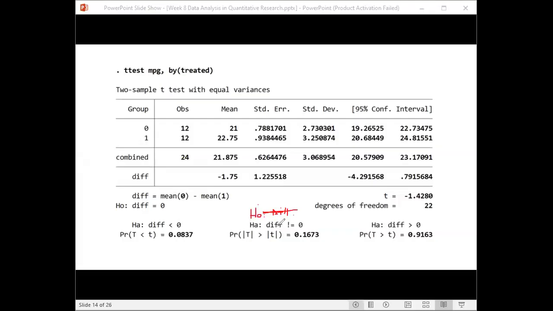That is the same as we have already done. So here is the probability value.